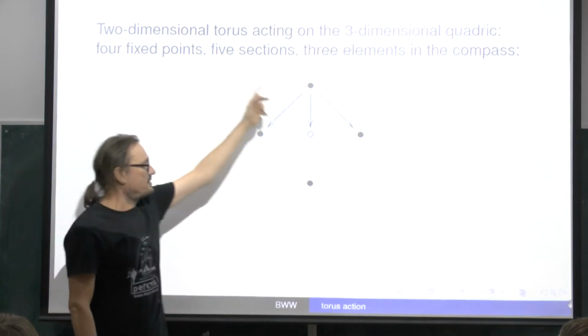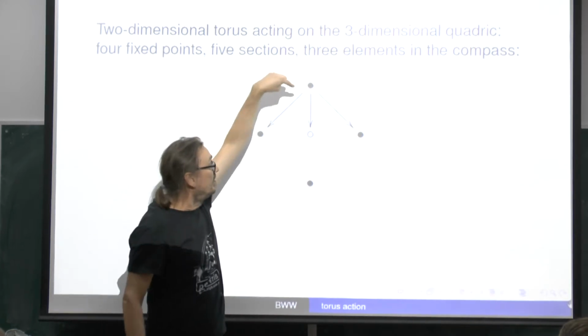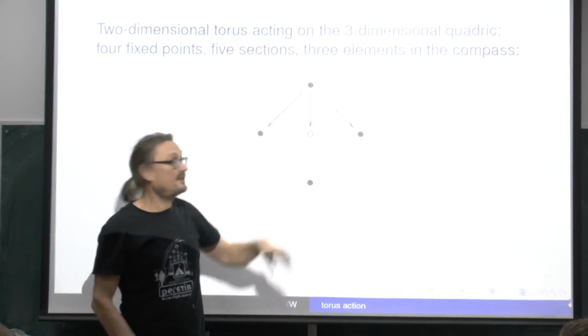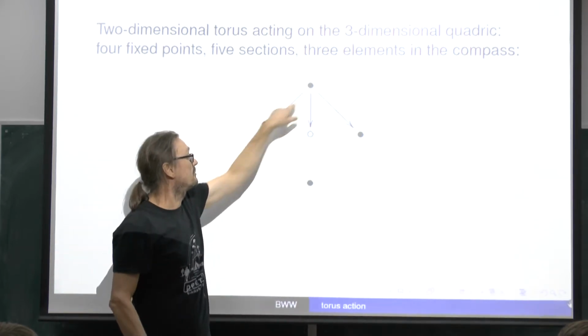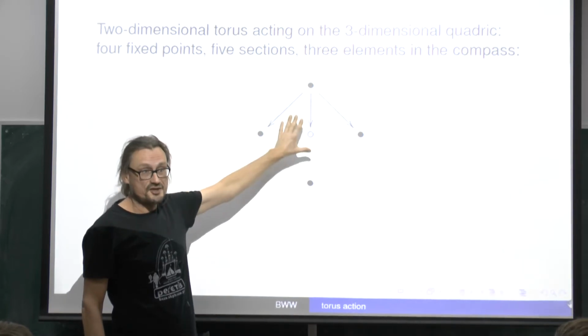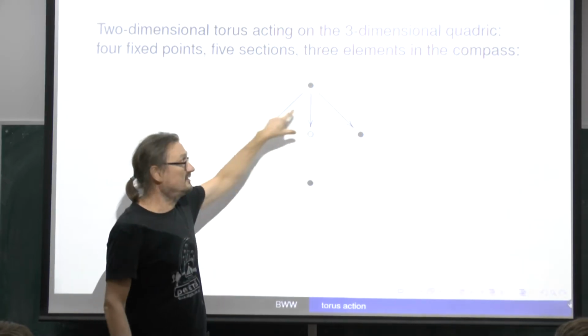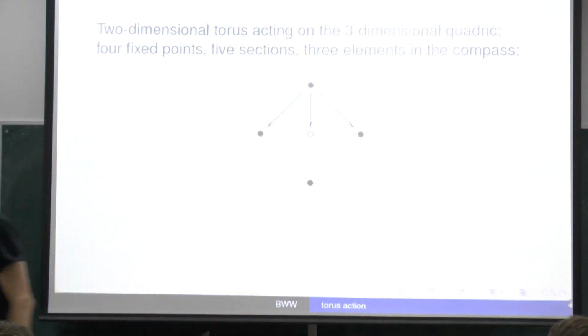We have 5 sections, 4 fixed points, which are the full dots, and if I take one full dot, then the compass is exactly the 3 arrows coming from here to here. And if I take the cone of the sections of the multiples of L, then clearly the compass generates all.